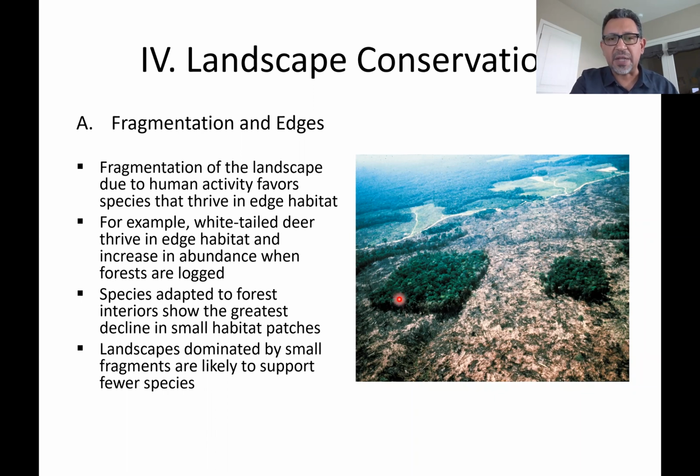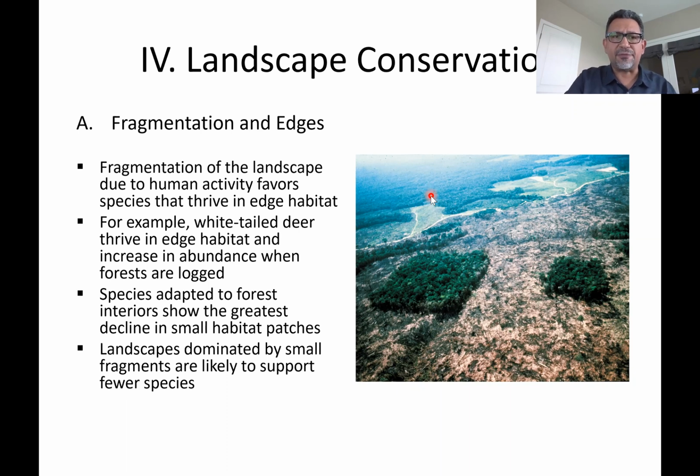There are going to be some slightly larger patches, and sometimes some even larger patches. And so the decisions have to be about what do we preserve? How do we save land in a way that allows for the continued use of the resources, but at the same time sets aside habitat for the conservation of biodiversity?